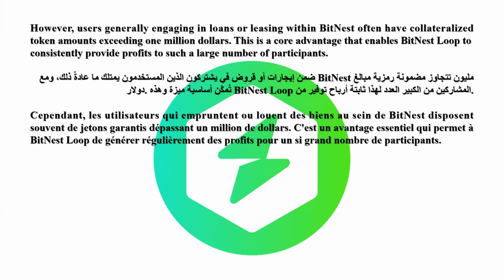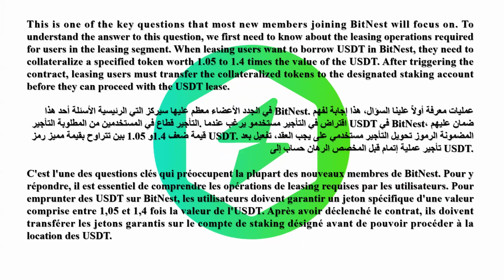All right. However, users generally engaging in loans or leasing within BitNest often have collateralized token amounts exceeding 1 million. So this is a core advantage that enables Loop to consistently provide profits to such a large number of participants. Correct.